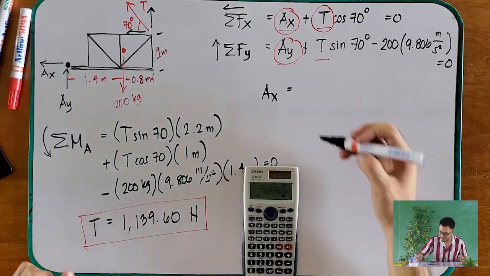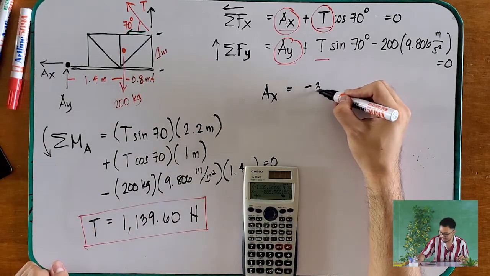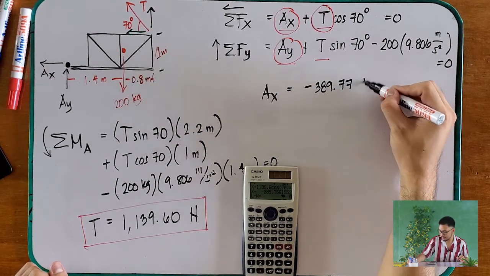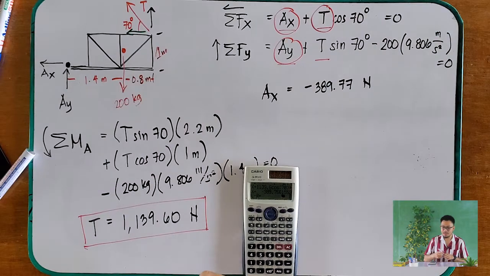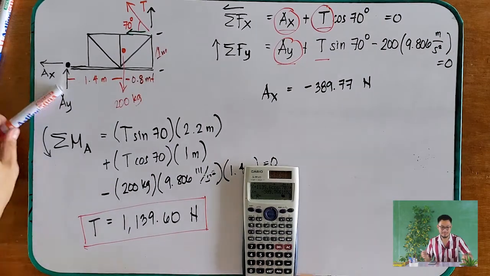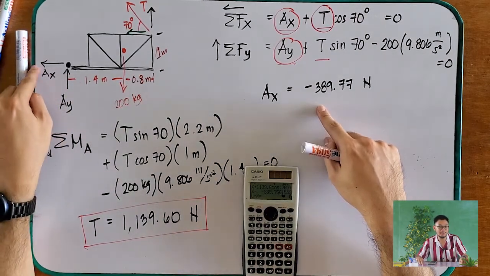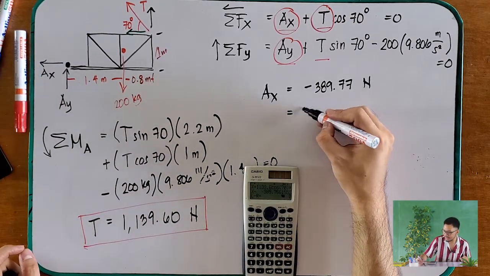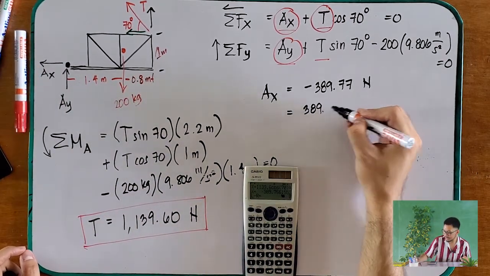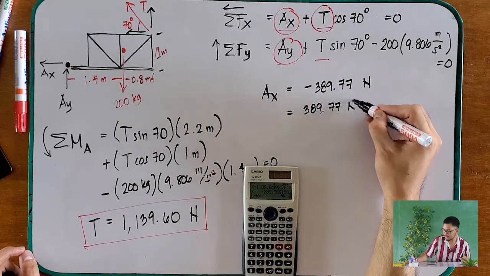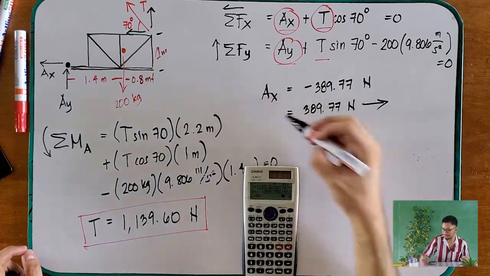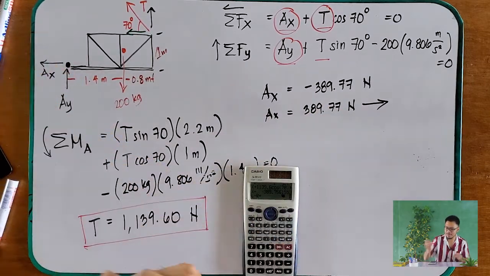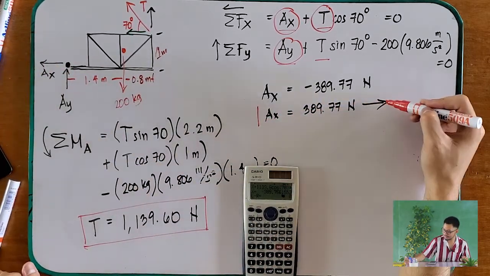So, your answer here is negative 389.77 newtons. Right? My assumption was correct, the direction is negative. So, if positive, it is 389.77 newtons going there. That is our final answer for our AX.